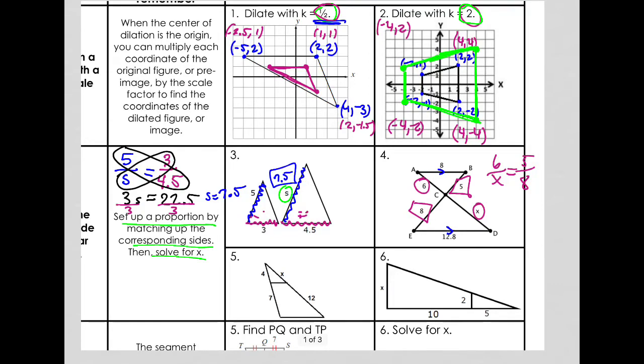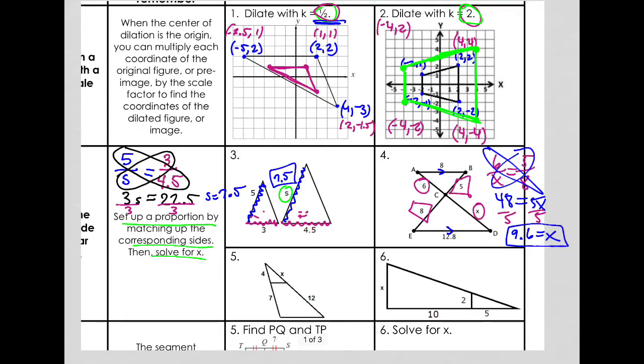Now when I multiply diagonally, I get 48, and then right here I get 5x. Now if I divide both sides by 5, obviously it doesn't go in evenly, but we can still get a decimal. So 48 divided by 5, I'm getting 9.6. So we got 9.6 equals x.